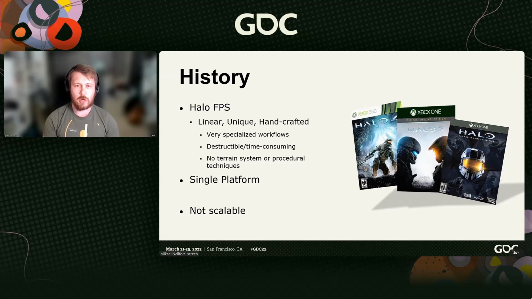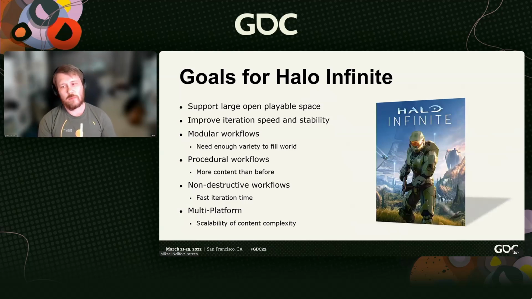So when we started talking about Halo Infinite and what we needed to do, we quickly realized that this was not scalable. Some of the goals we set out for ourselves when we started planning were that we knew we had to support large open playable spaces.